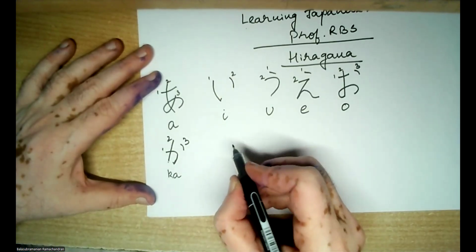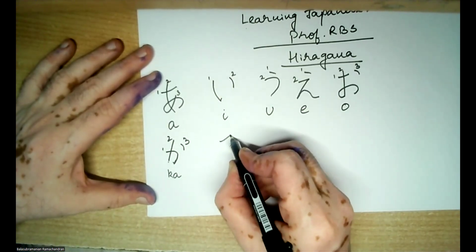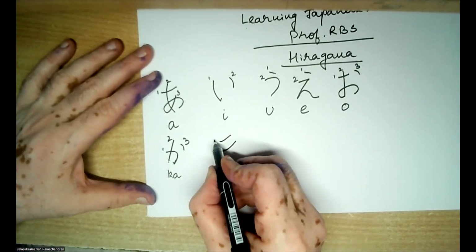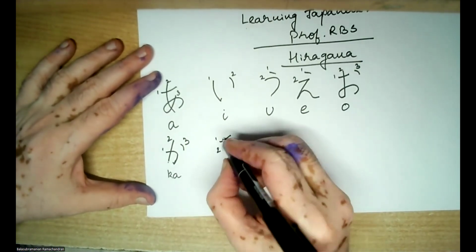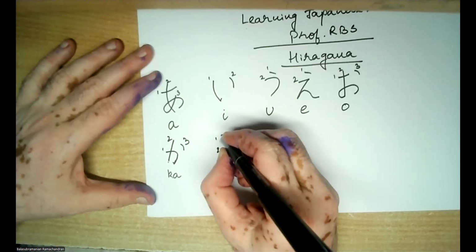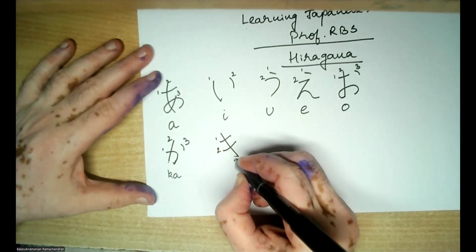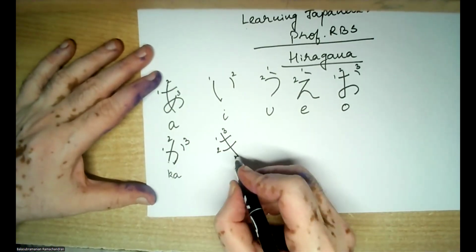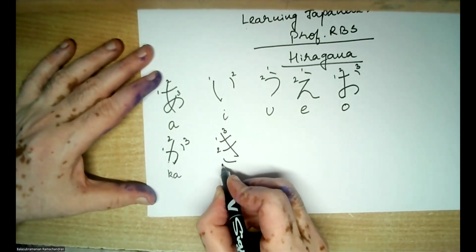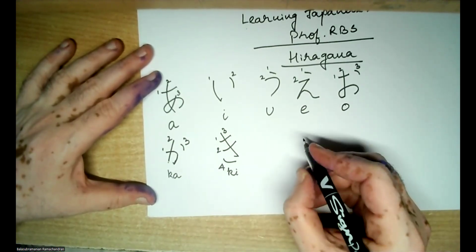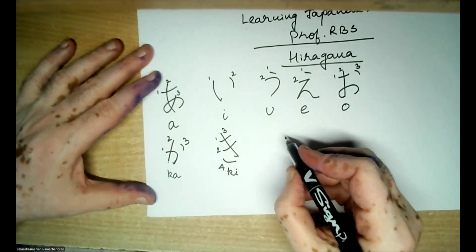Then let's come to Ki: stroke 1, almost parallel to that stroke 2. We have stroke 1, stroke 2, stroke 3. We'll crisscross this, cut across this, stroke 3, and stroke 4. Ka, Ki.